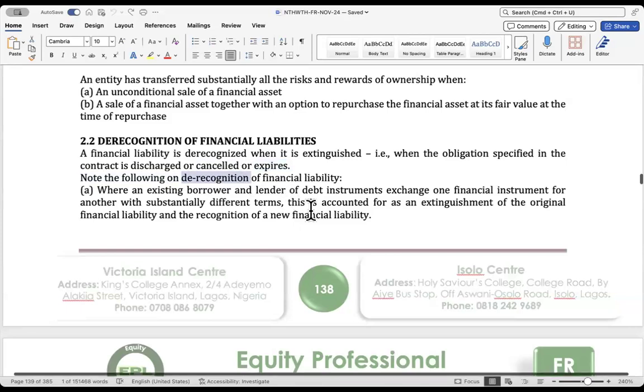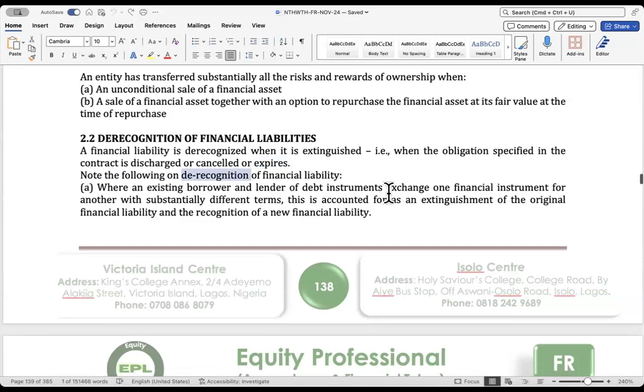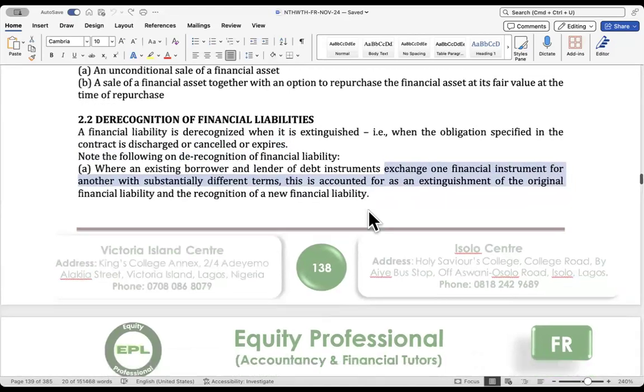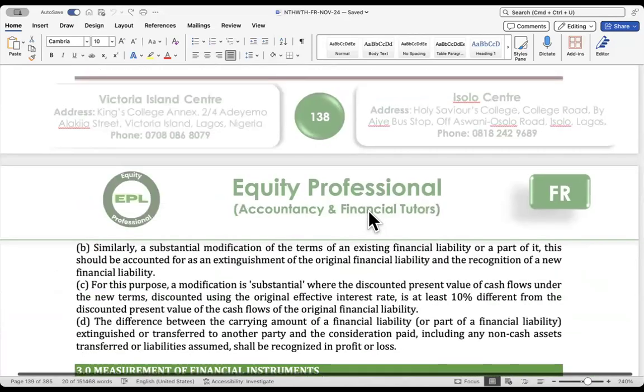Usually where there is an exchange of one financial liability for another, it could lead to the derecognition of one financial liability and the recognition of a new one. Another one is when there is a substantial modification of the terms of an existing financial liability. Yes, that could also lead to the derecognition of the original financial liability.